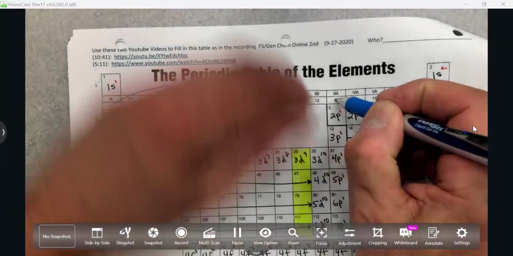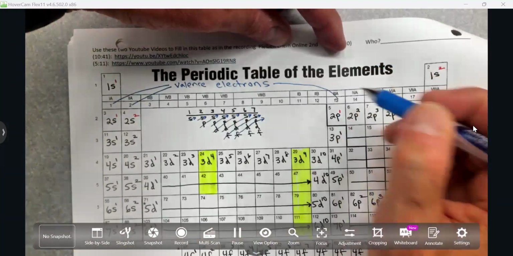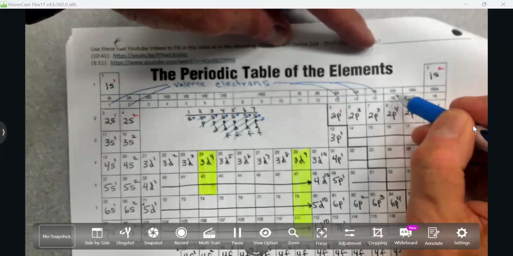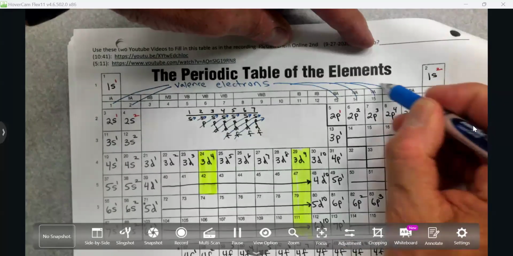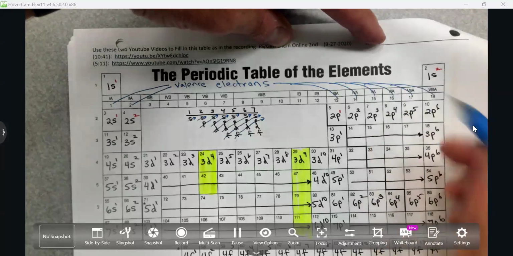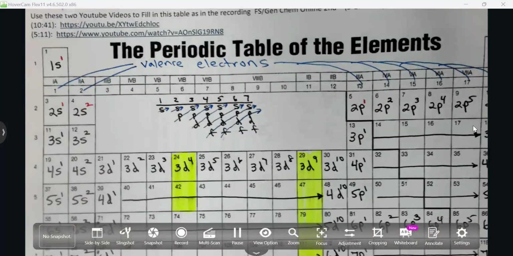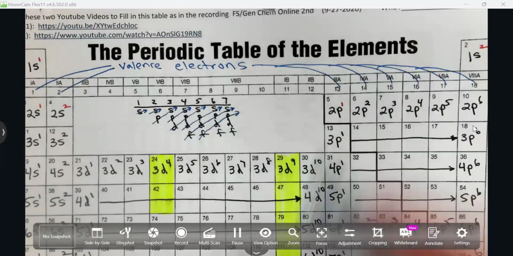Then it's going to match the ones place, right? The ones place. Except for helium has 2, right? Again, it's just the ones place. We're going to use that all the time, the next chapter.